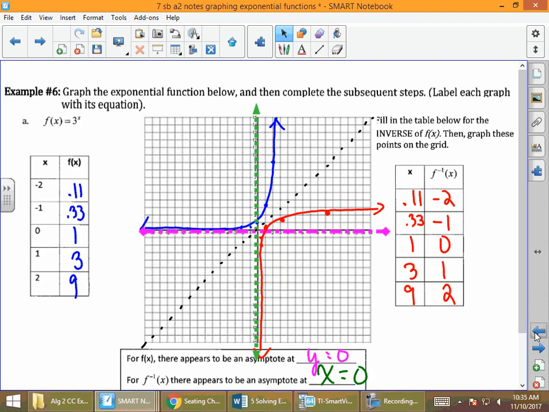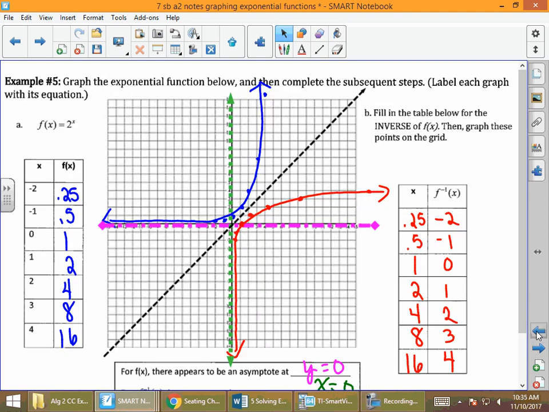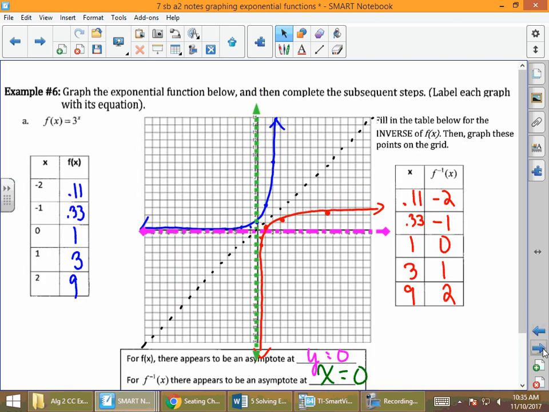But if we go back here, again on number 5, what's our x-intercept? Well, where does the graph cross the x-axis? Looks like it crosses at (1, 0). I wonder if that's true for number 6. (1, 0).